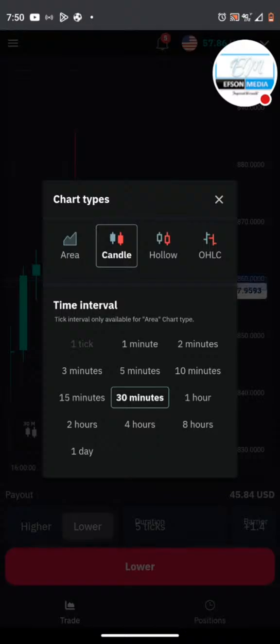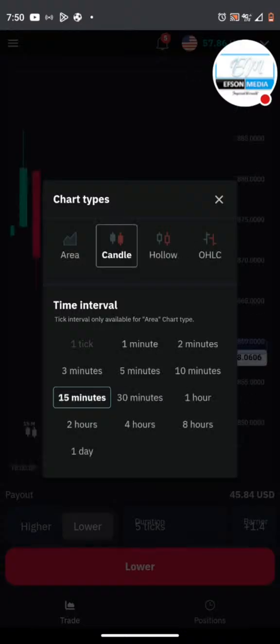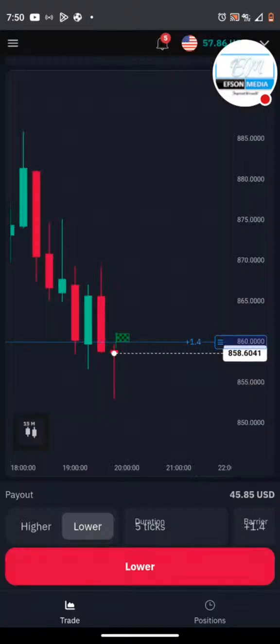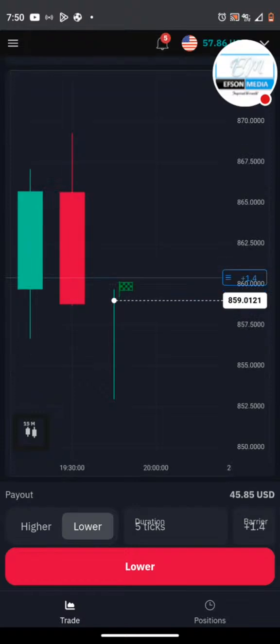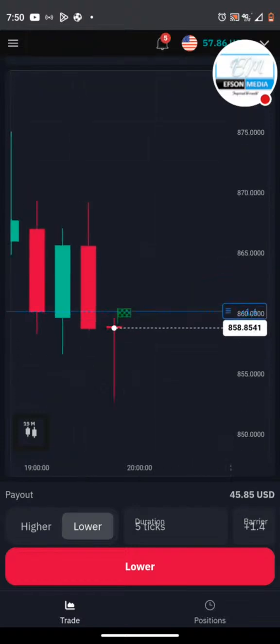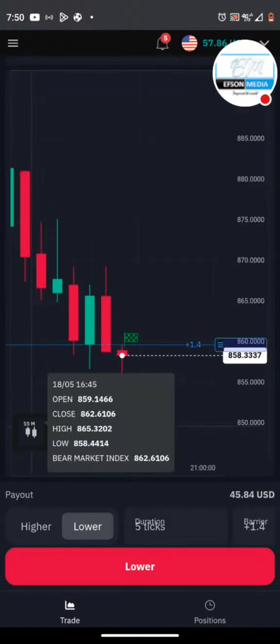So the entries now, you will use down, and that's the lower. We'll be going lower. When I say lower, we're going below the blue line, the barrier. So the strategy is you are watching the candle.